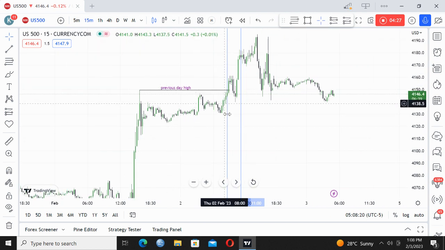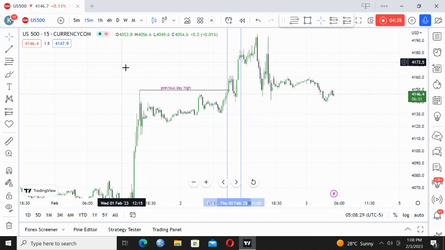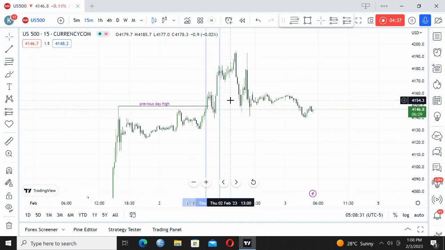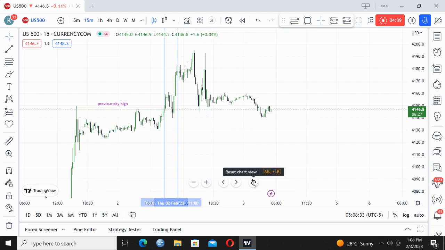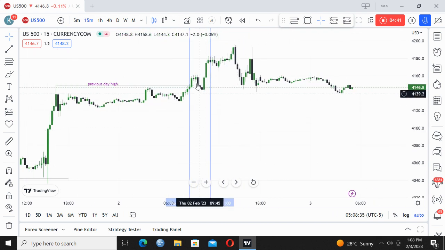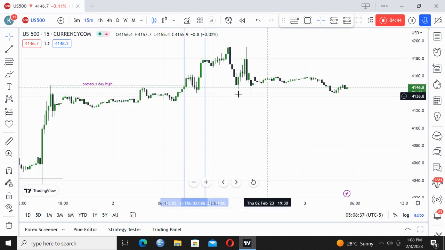And the market here was consolidating. There was a break of that consolidation. The market traded lower to the equilibrium. Then after that, the market traded higher. So this New York Hill Zone was the best time for trading.